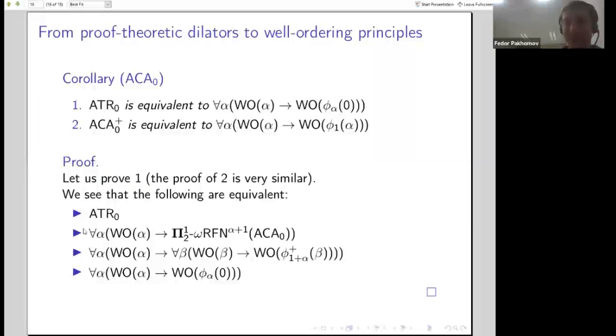And in the previous slide, we have this characterization of iteration of Pi^1_2 omega model reflection of ACA0 in terms of this operator phi alpha plus. From this it's very easy to go to this well-ordering principle, so that if alpha is well ordered, then phi alpha of 0 is well ordered. And we could do the same for ACA0.